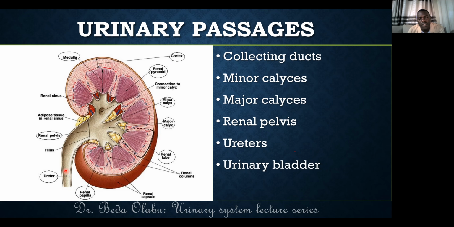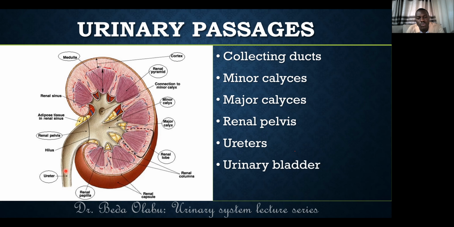The ureters are usually described in terms of having two parts. There's a part of the ureter that is within the abdomen. You can call it the abdominal ureter. And there's a part of the ureter that is within the pelvis. You can call it the pelvic ureter.